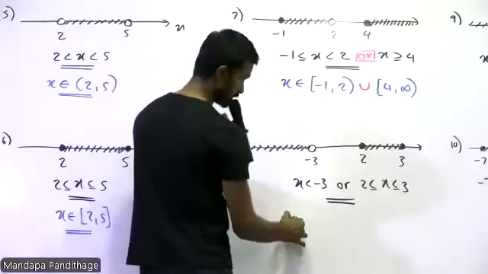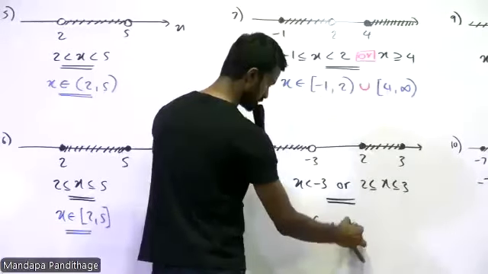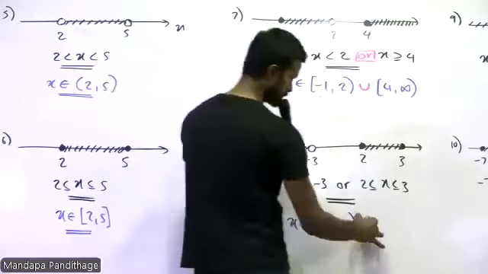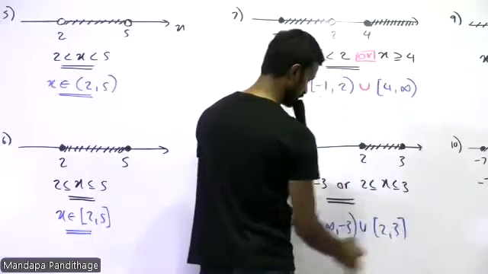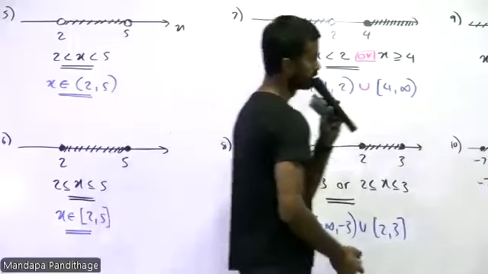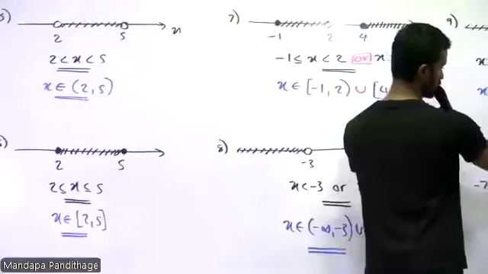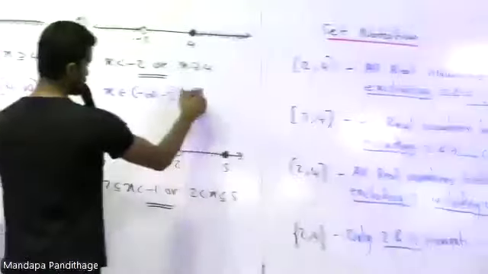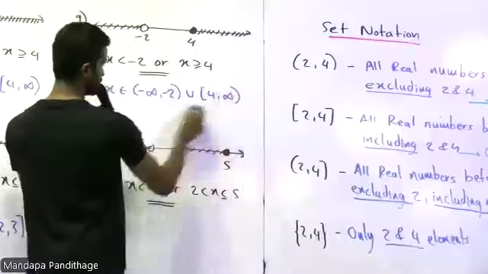This one, x is an element of minus infinity, minus 3, and now you know it's a union, a square bracket, 2 and 3 is included. This one, x is an element of minus infinity coming up to minus 2, union starting from 4 going up to infinity.